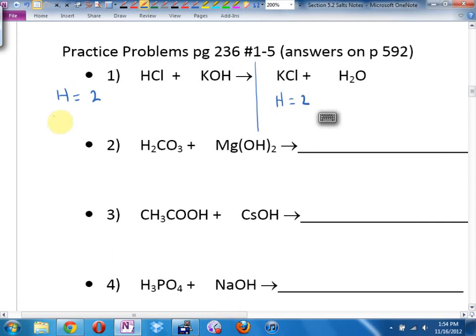How many Cl's do I have on the left-hand side? 1. How many Cl's on the right-hand side? How many K's on the left-hand side? How many K's on the right-hand side? How many O's on the left-hand side? How many O's on the right? Hey, this one is balanced. Let's do the second one.